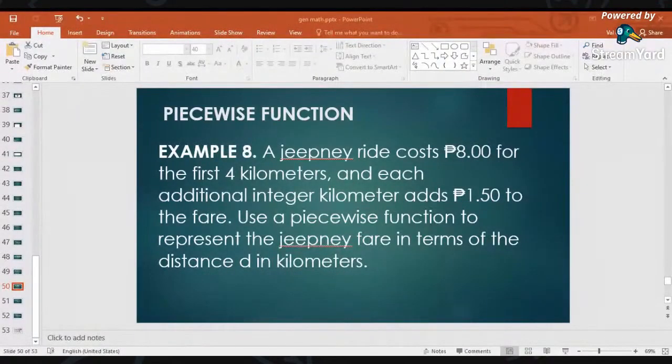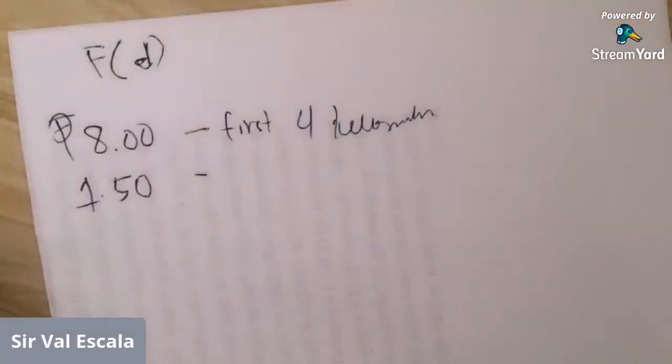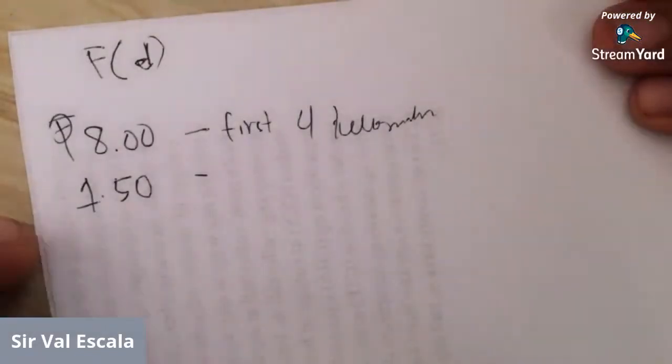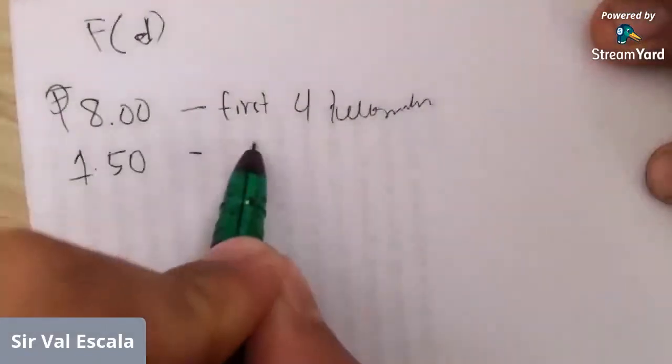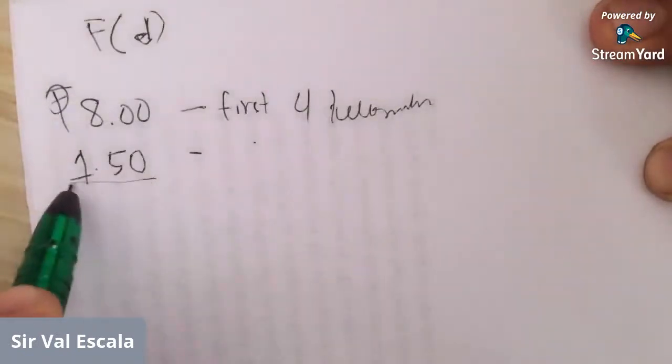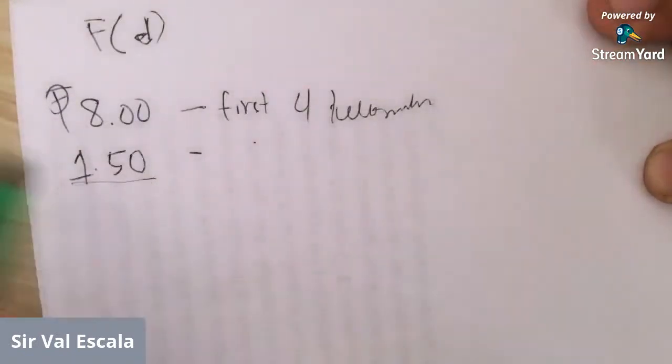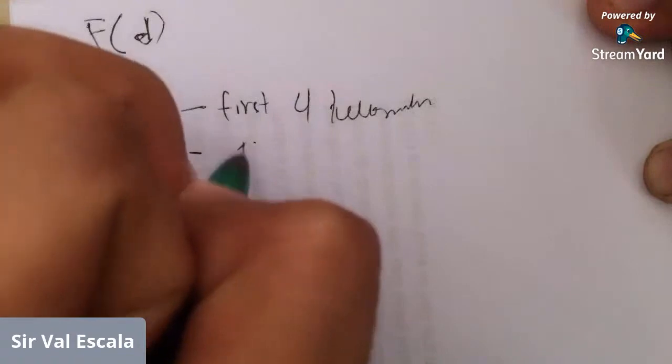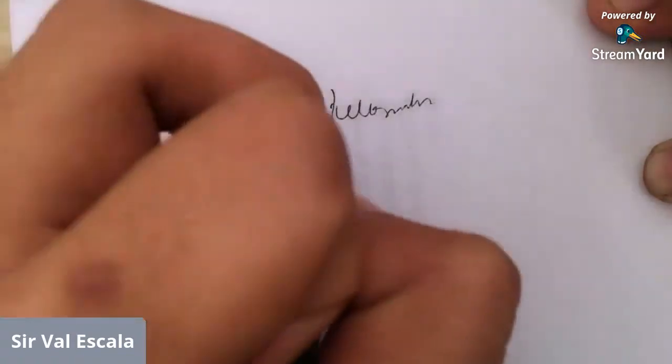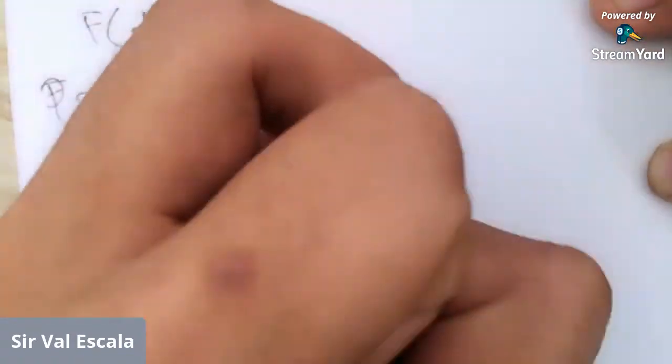Okay, check natin. Add 1.50 to the fare for each additional integer kilometer. So, ibig sabihin, kapag naging 5 kilometers na siya, mag-a-add na tayo ng 1.50 sa kada kilometro na excess. So, per 1 kilometer excess.